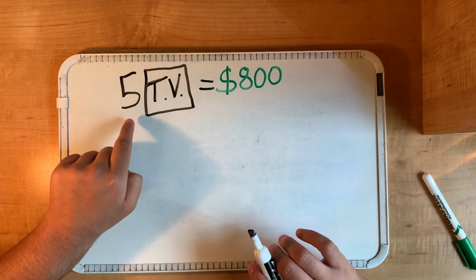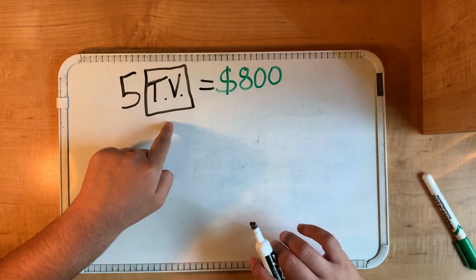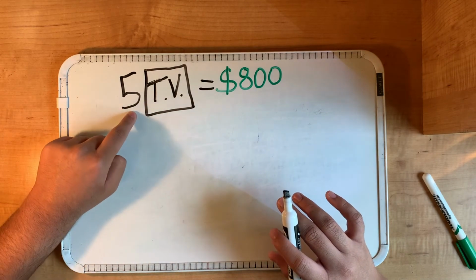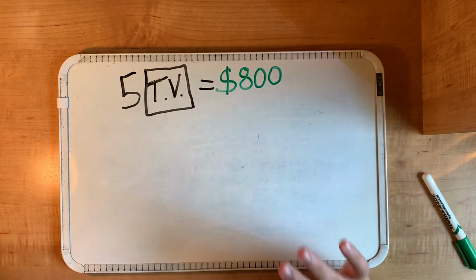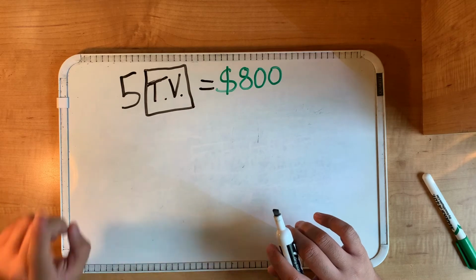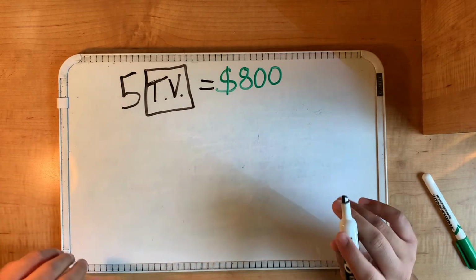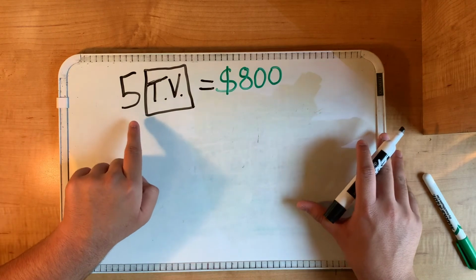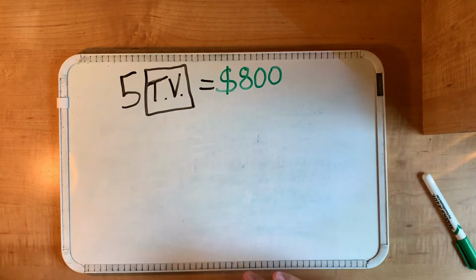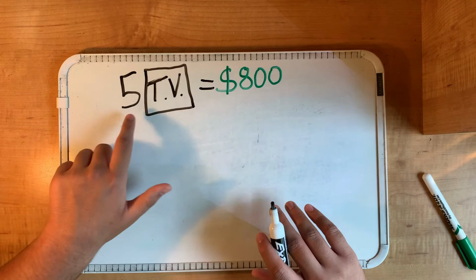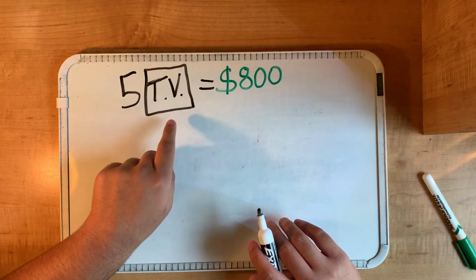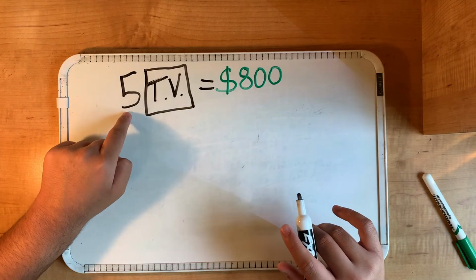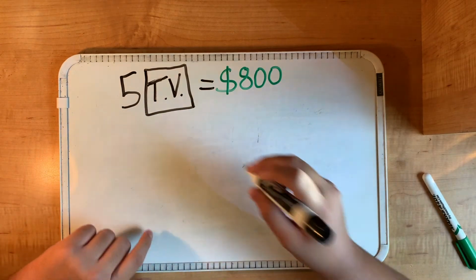Right now we're multiplying 5 times TV equals $800, so we need to get rid of this 5 because we want to find the price of one TV. We do that by doing the opposite of what this 5 is currently doing. This 5 is being multiplied by a TV to get 800, so since it's being multiplied, we need to divide by 5 to get rid of it.